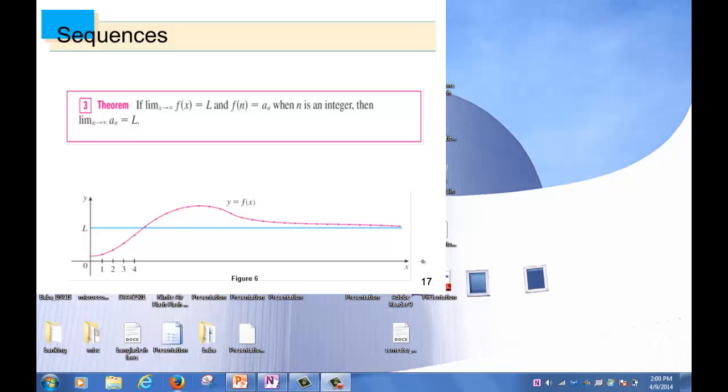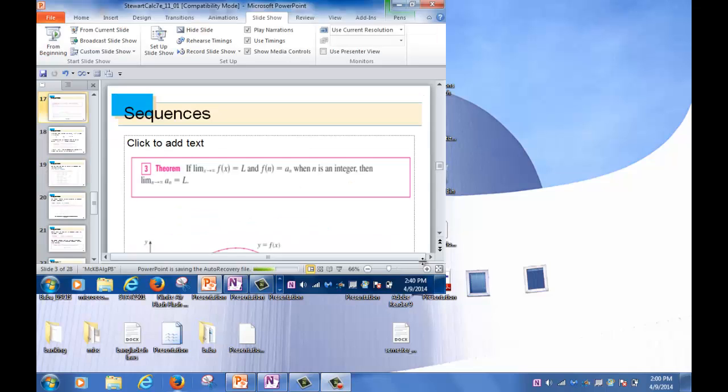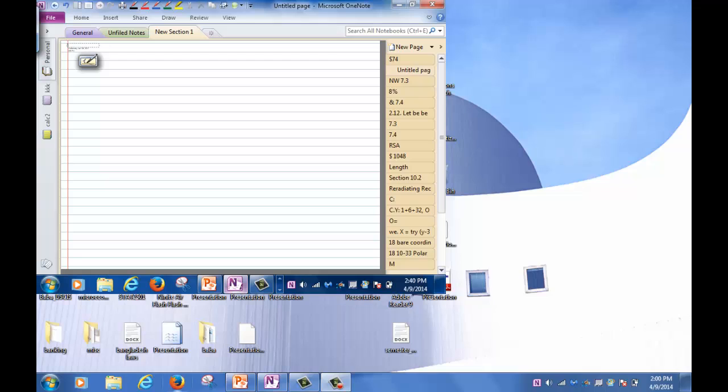Now, here's a nice fact that will help us compute limits. Remember that a few minutes ago we looked at the function f of x is x over x plus 1, and we also looked at the sequence an is n over n plus 1, right?